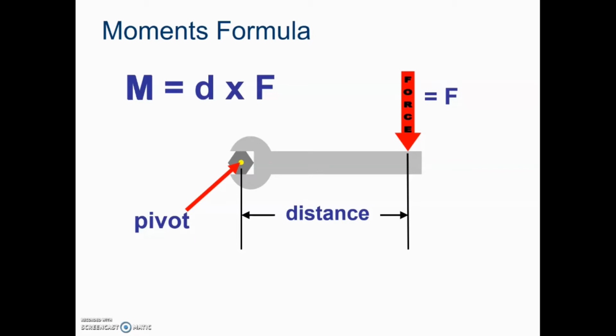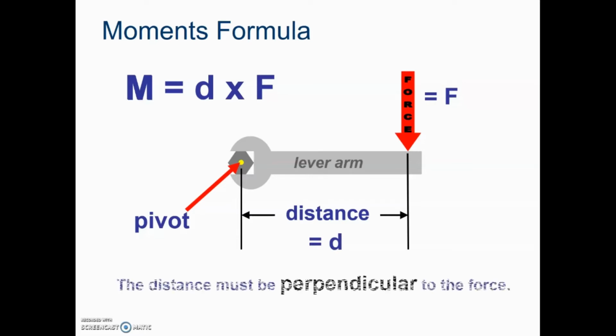And that perpendicular distance part is going to be really important, because there's a few ways that we're going to measure things, especially when we have two dimensions. So we have our force that goes in our y direction. So the distance from our force to our pivot is going to be whatever that lever arm distance.